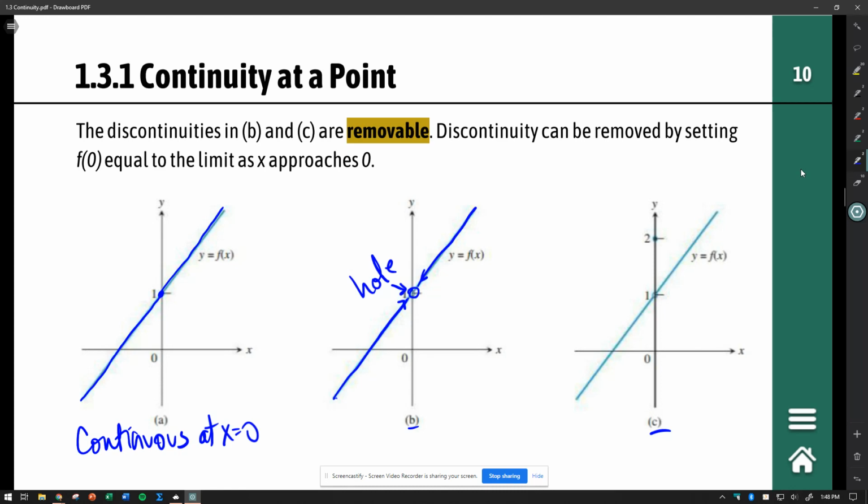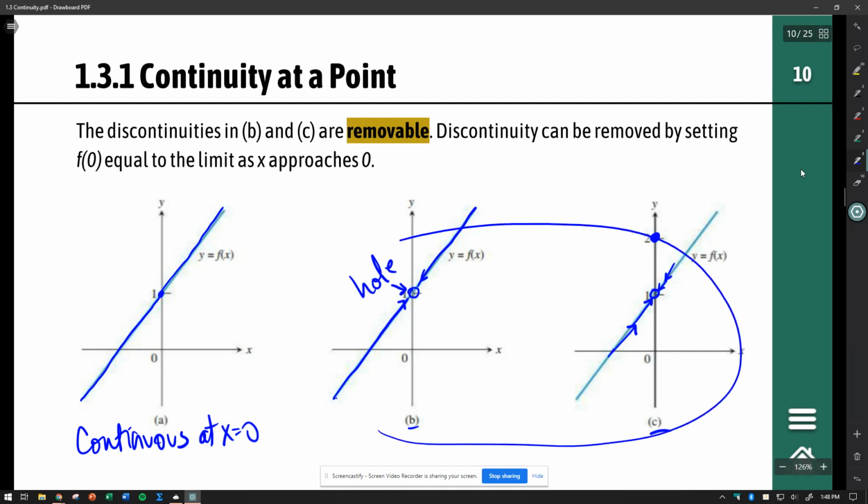Over in part C, this is also a discontinuity. Again, we have a hole at x equals 0, and the hole has actually been filled, it's just been filled in the wrong spot. There's a point there at (0, 2) that is just not in the right place. Both of these types of discontinuities are called removable.